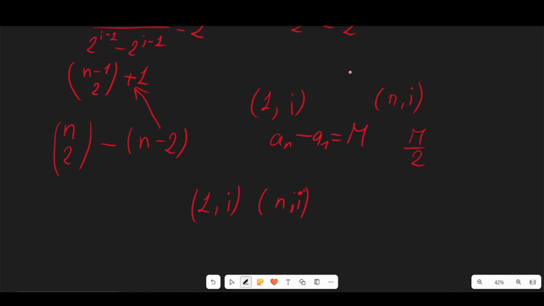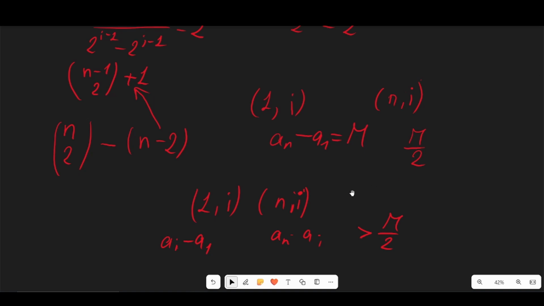And why is it correct? Because ai minus a1 or an minus ai is greater than m over 2. Otherwise, their sum cannot be equal to m. And if equality happens somewhere, this happens at most once because these numbers are sorted.